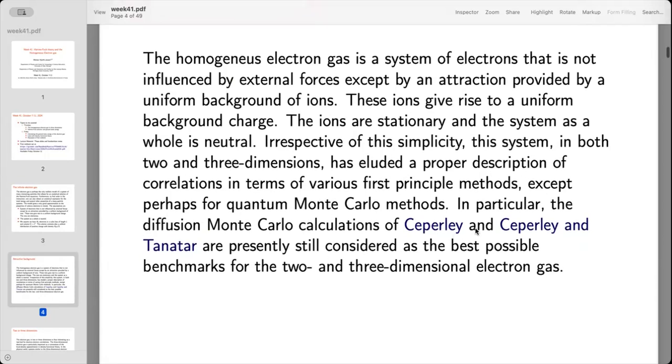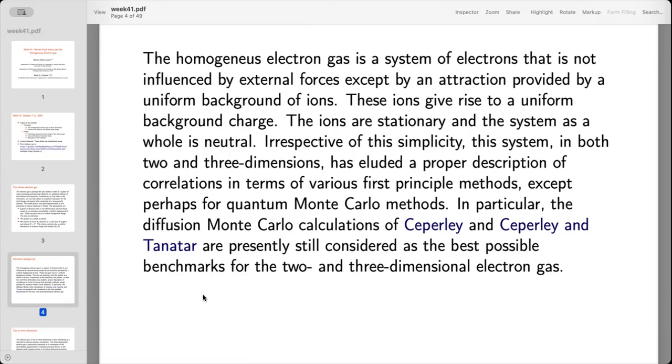And here we actually have benchmark calculations from what are called diffusion Monte Carlo calculations. In 2 dimensions, there's also another paper by David Ceperley from the University of Illinois Urbana-Champaign, US, who pioneered the diffusion Monte Carlo calculations, which are seen as possibly the best many-body calculations.